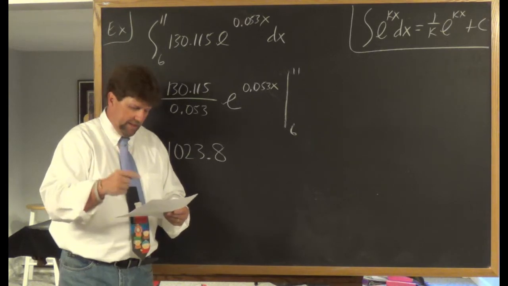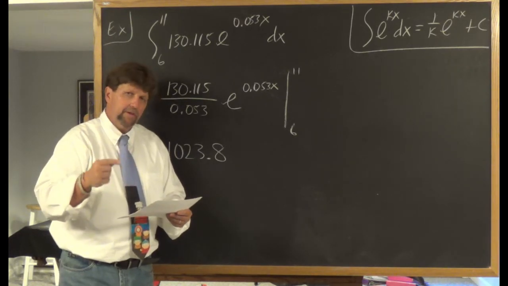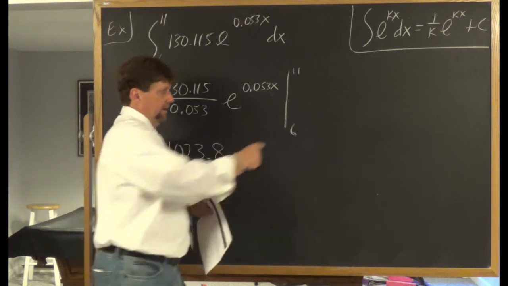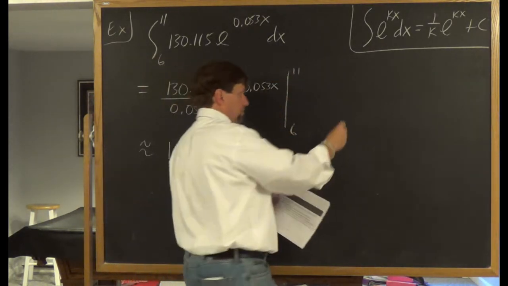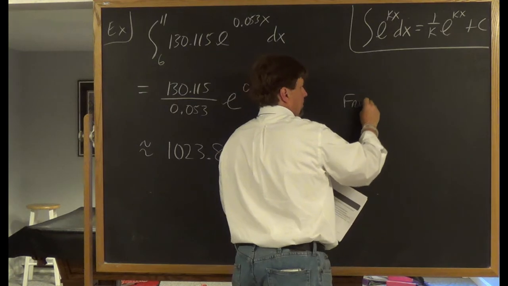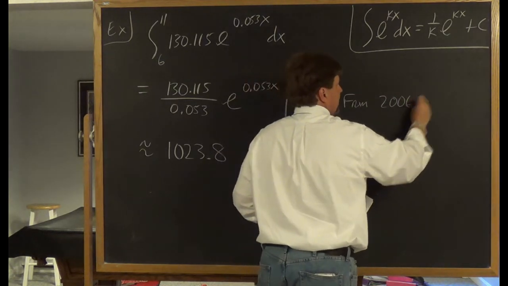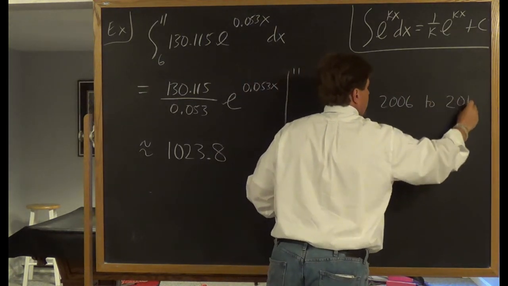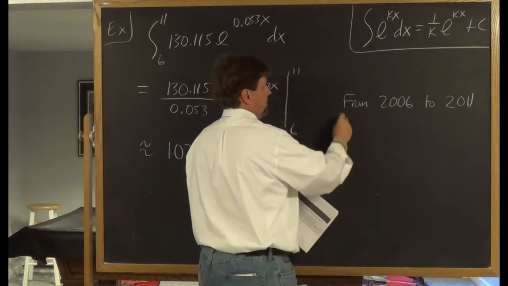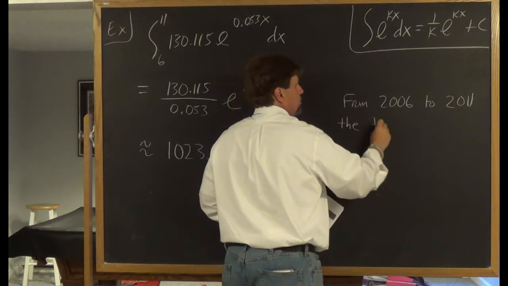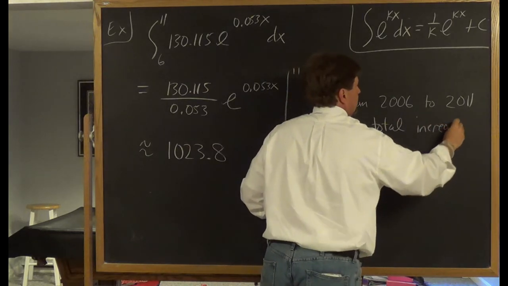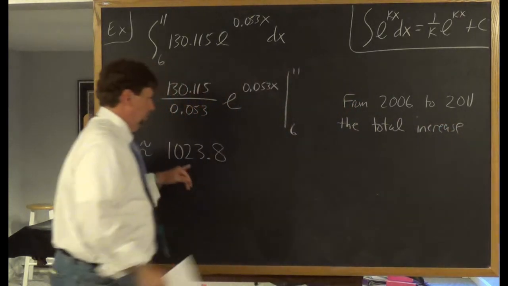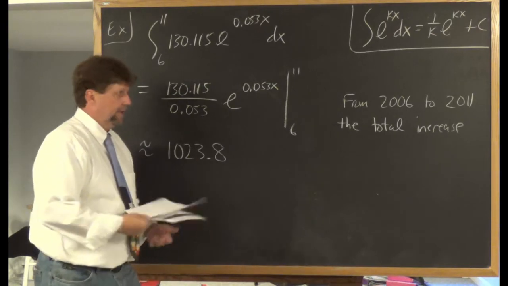Remember, x represented the number of years since 2000. So that's 2006, that's 2011. So from 2006 to 2011, the total increase, positive number, it's a total increase.